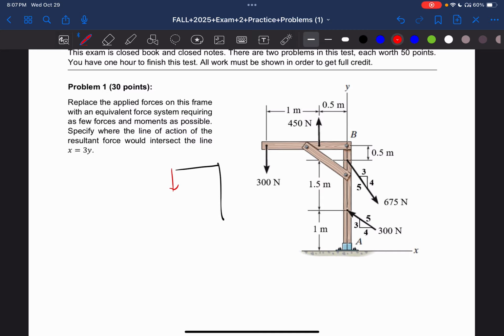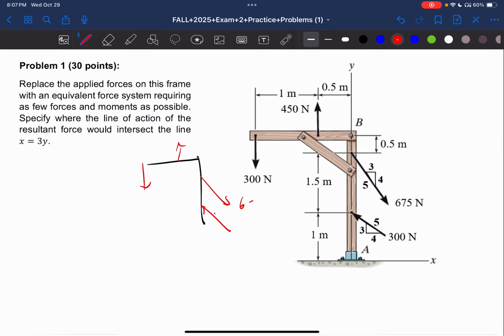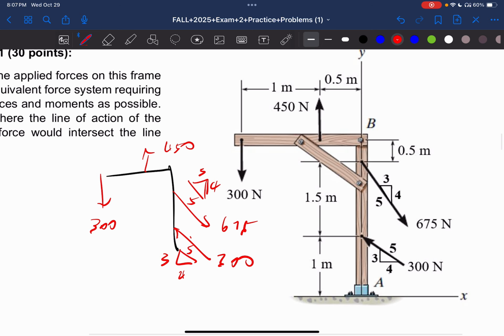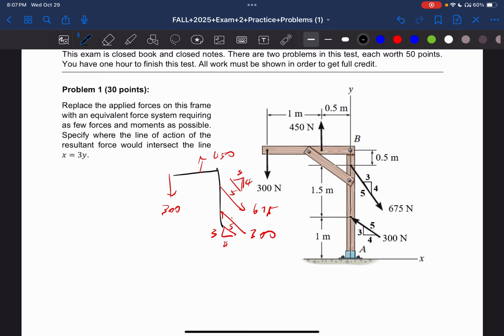And then we're going to have force down, force up, force this way, force this way. 675, 300, 450, 300. And what is this? 3, 4, 5, 3, 4. On a question like this, drawing a free body diagram does not really help that much, but we have to.